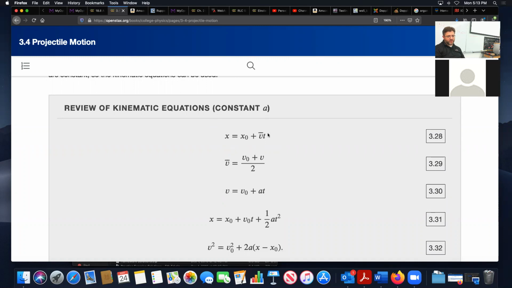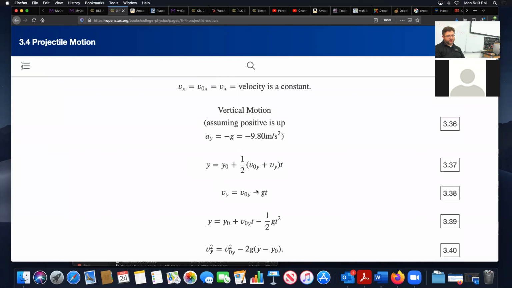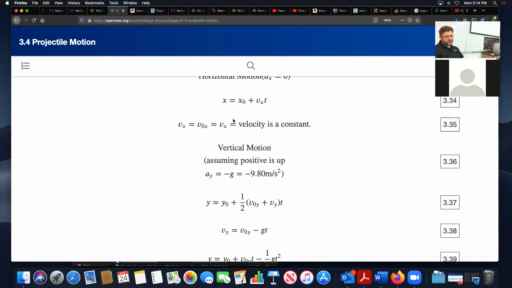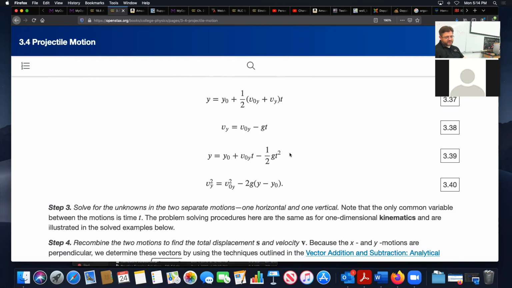You end up with just one equation in the x direction. And then you end up with the equations in the y direction, which are the four equations of kinematic motion, right? Well, you actually end up with five if you want to do the average velocity in the y direction. But anyway, you end up with five equations, one for the x direction right here, and four for the y direction, where the acceleration is negative 9.8 meters per second squared.